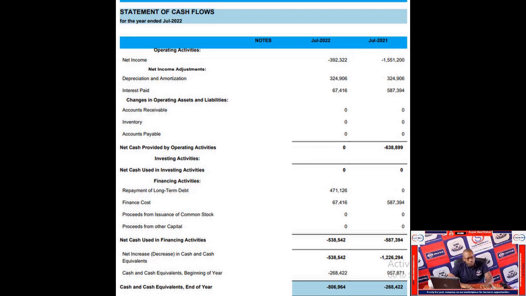So I'll repeat this. You have long-term assets, right, which is your property, plant, and equipment. You have a balance from the previous year, and you have the balance from the current year, right? Then you need to take the balance from the previous year minus the balance from the current year.